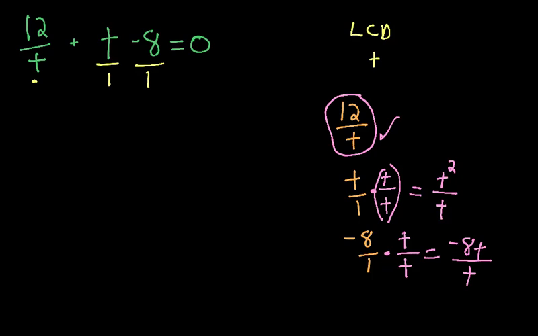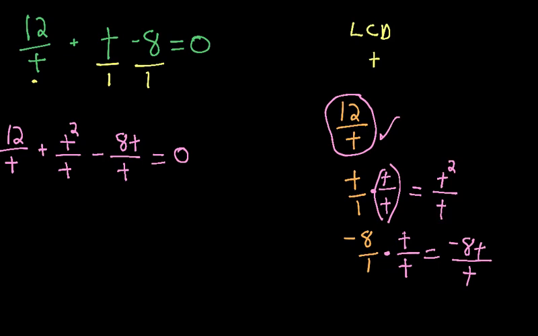Okay, so now that we have all three of our rewritten terms, let's rewrite the equation. We're going to say this is 12 over t, and we're still adding this term here, so plus t squared over t minus 8t over t. That's still going to equal 0.